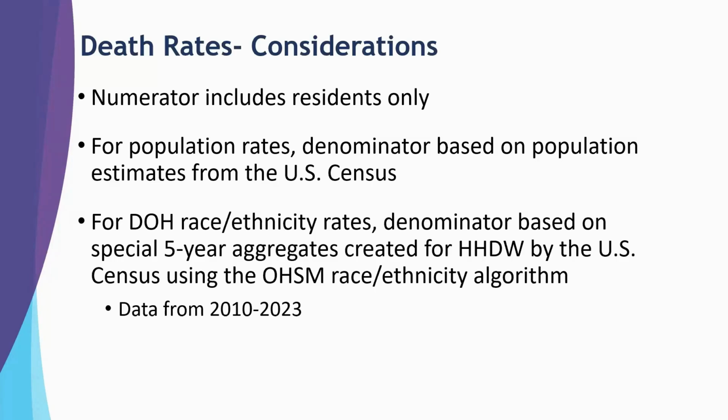So for the second set of rates, the DOH race ethnicity rates, the denominator is based on a special 5-year aggregate that is created for HHDW by the census using the algorithm that the Office of Health Status Monitoring uses. So that is the group that maintains our vital records. I'll show you that algorithm in a minute, but we have been able to obtain these special aggregates. This gives us a little bit more granular race ethnicity starting in 2010. So the death rates by DOH race ethnicity are only available from 2010 forward.